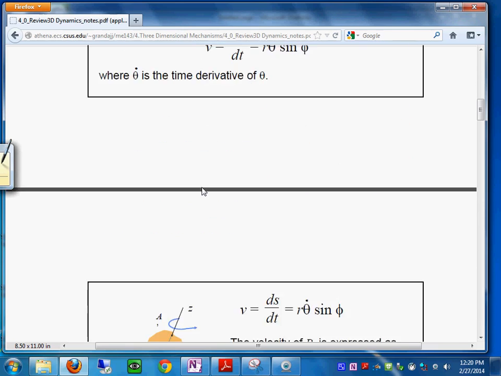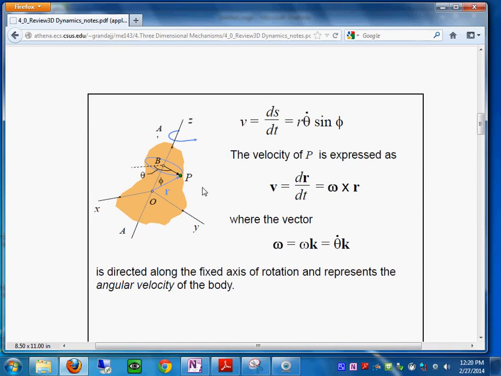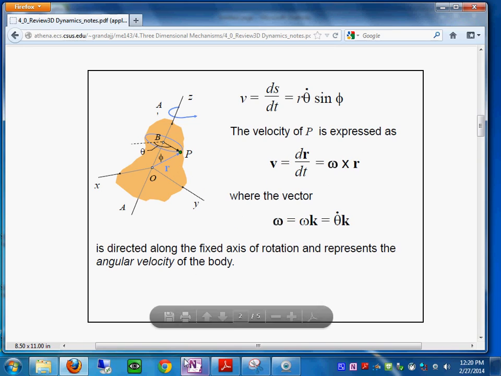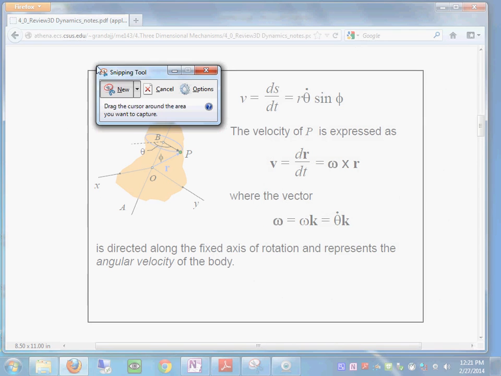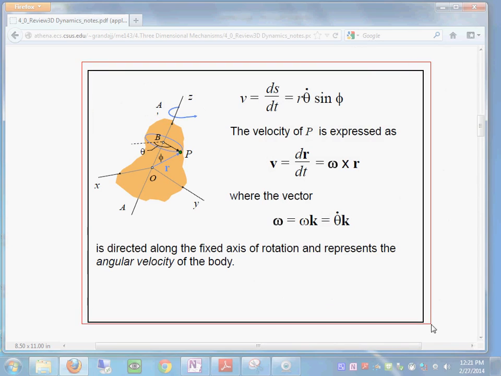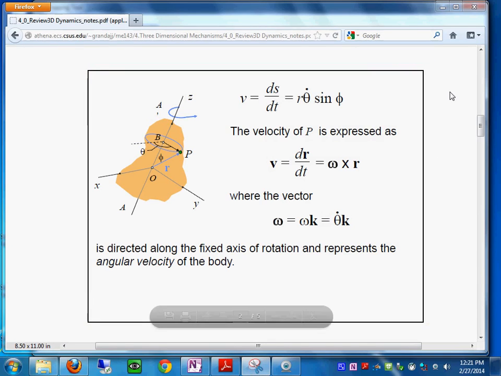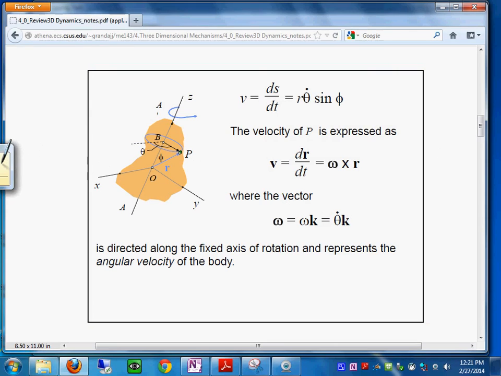But let's take a look at it here. The velocity of P is totally perpendicular to the vector BP. So let's see if I can write it over here.